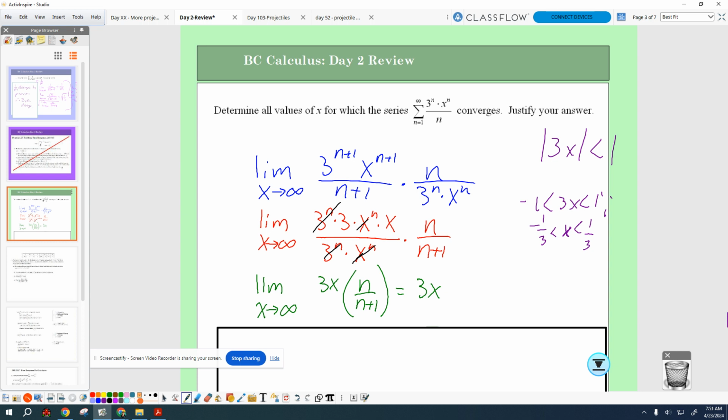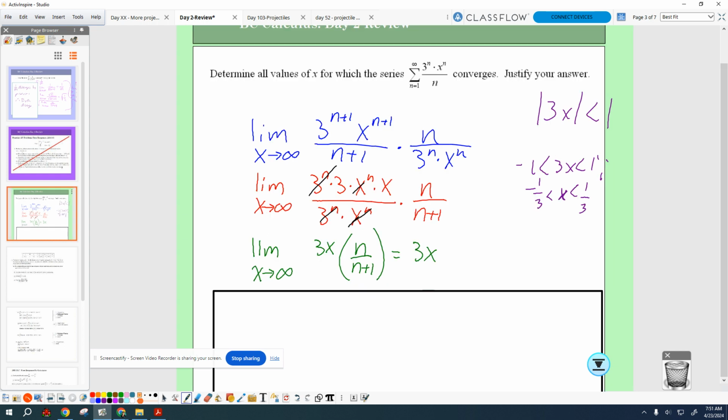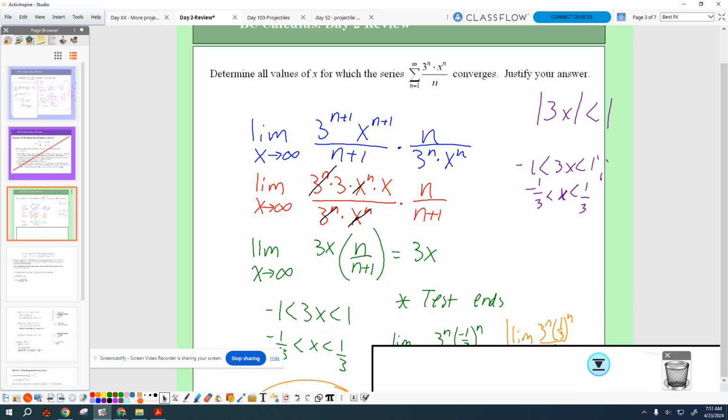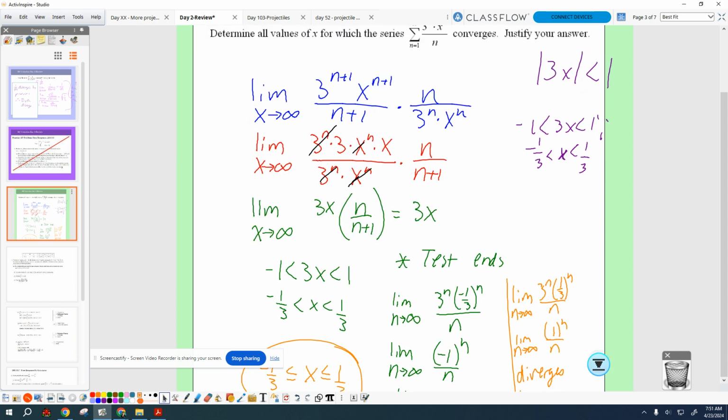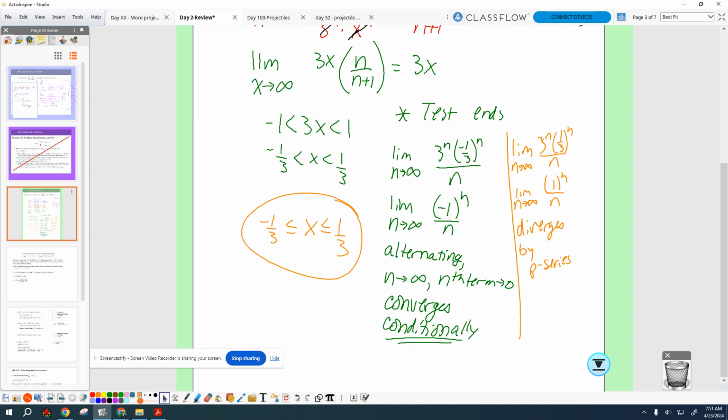No. Preston, why are we not done? You have to test the endpoints, which means take negative 1/3 and plug it in for x, and take positive 1/3 and plug it in for x.